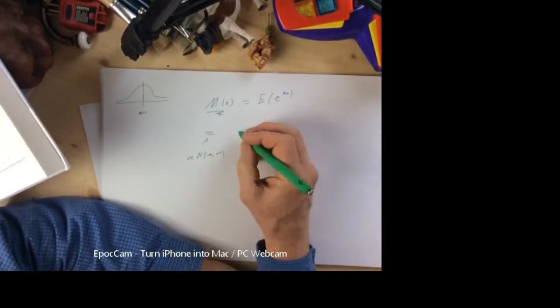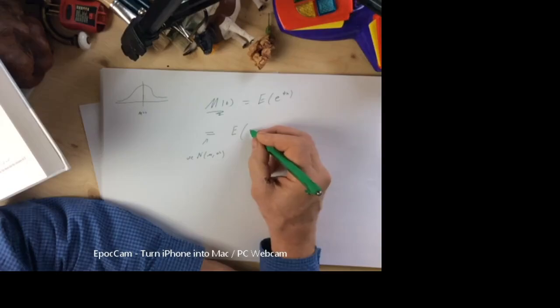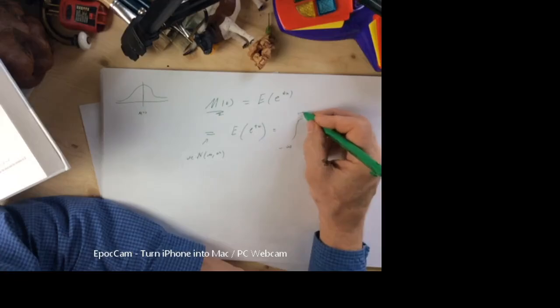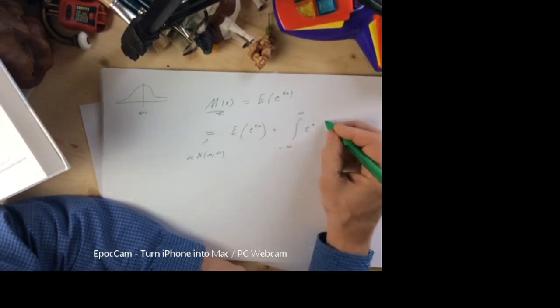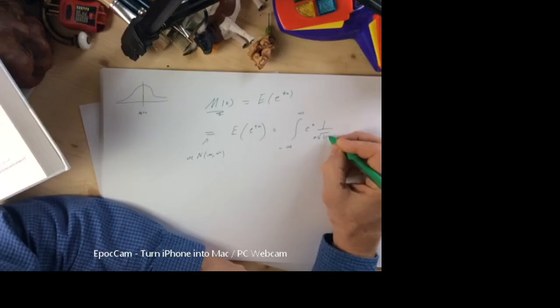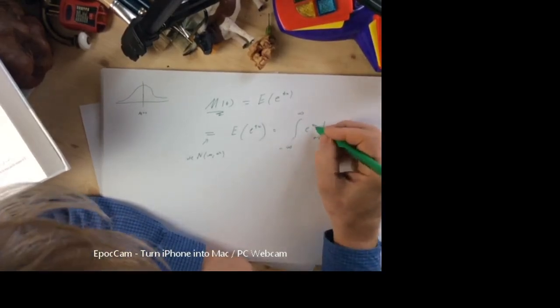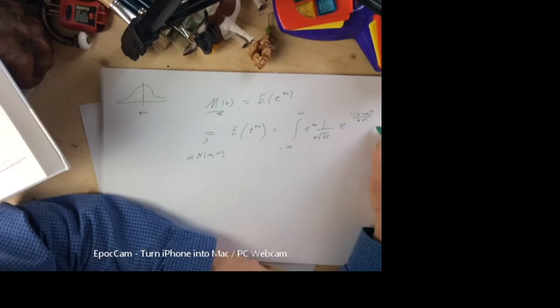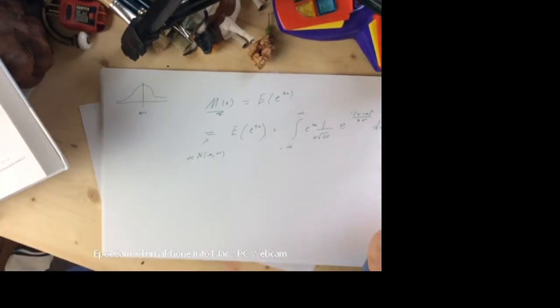So this is the expectation of e to the tx. It's the integral from minus infinity to infinity of e to the tx, 1 over sigma square root of 2 pi, e to the minus (x minus mu) squared over 2 sigma squared dx.